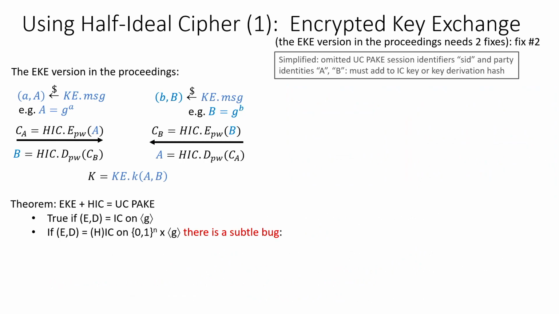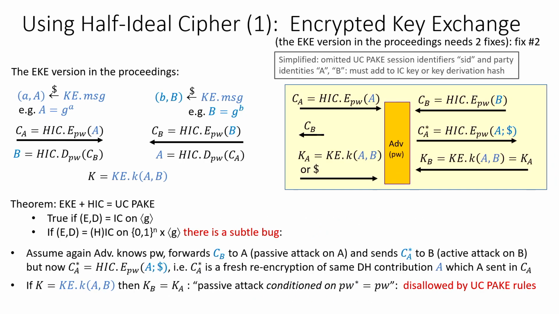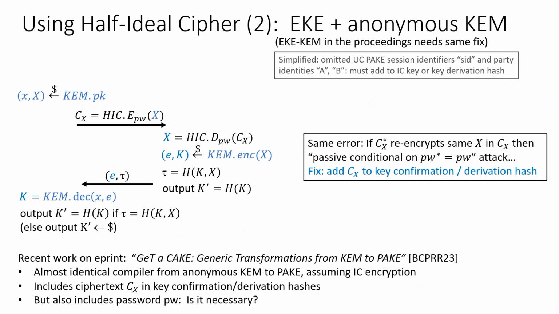Yeah, there is one more subtle thing, but you can look at the slides. Maybe one thing I should say is that recently on ePrint we also do a version of this using any anonymous KEM, which has applications to post-quantum secure KEMs.